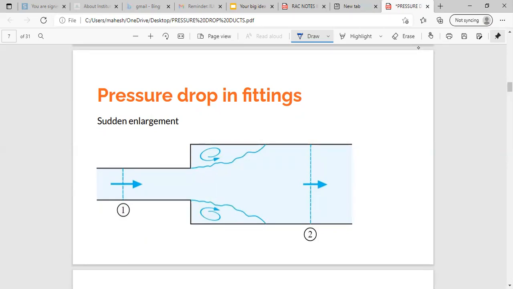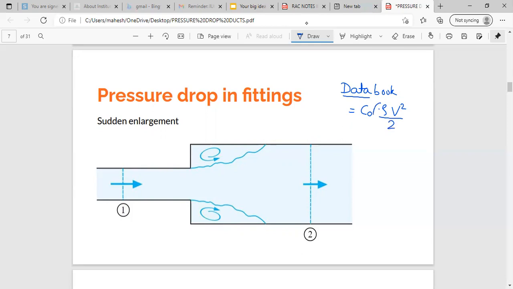We need to keep in mind that when you use the ASHRAE handbook or any data book for arriving at this, the data book would give you the pressure drop by calculating what is known as the loss coefficient multiplied by a term rho V square by 2, where V stands for velocity.